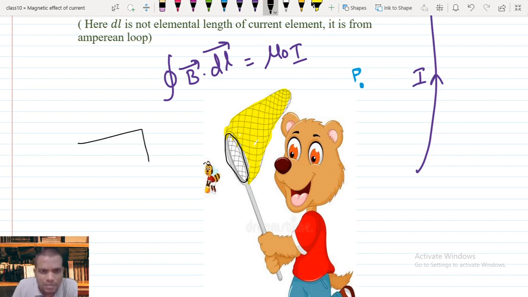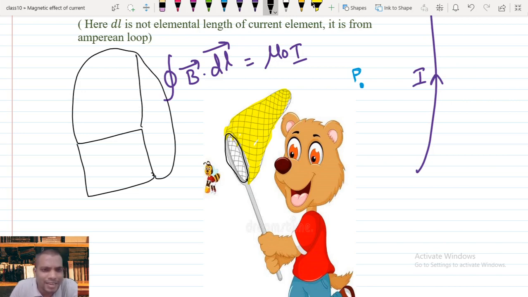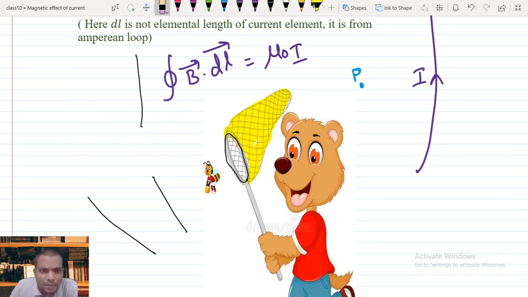If it were made up of a square, maybe the shape would be like that. But if you add a net on the backside to catch it, this also becomes an Ampere loop. So this Ampere loop can be of any shape, but it should be closed.